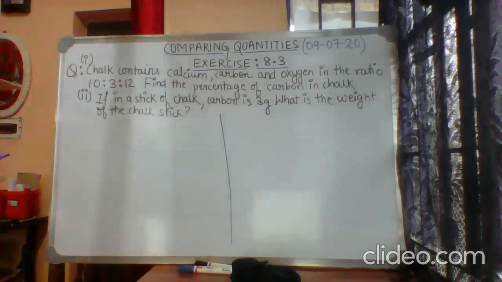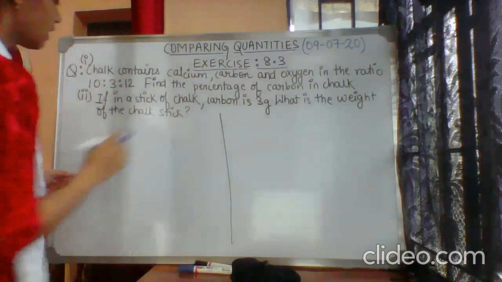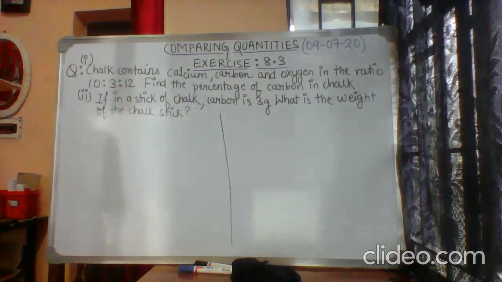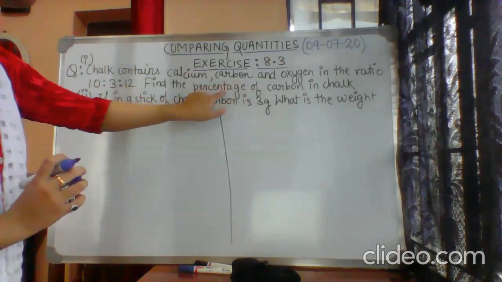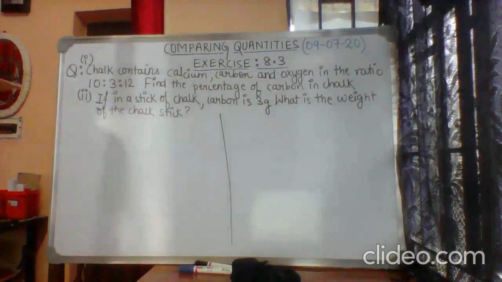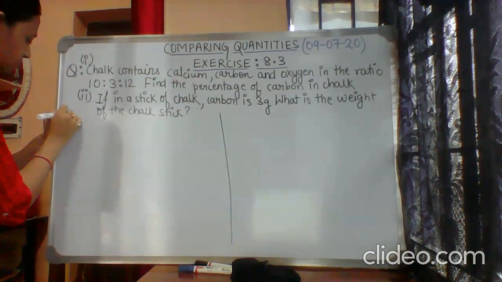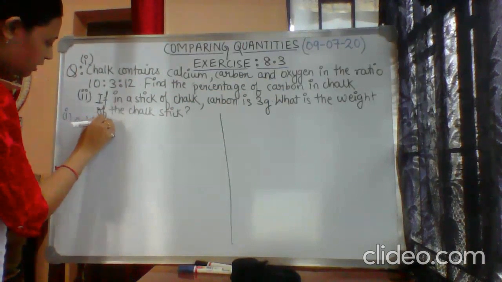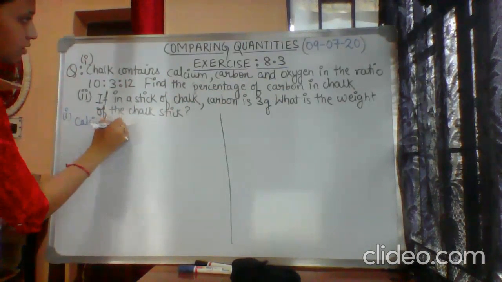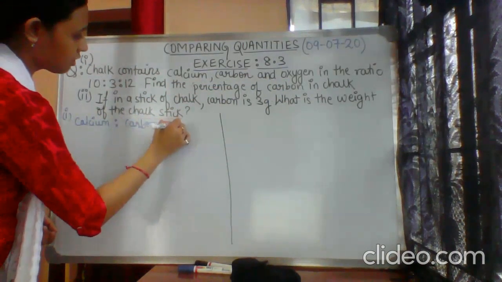It means a chalk is made up of 3 things: calcium, carbon and oxygen, and their ratio is also given, 10:3:12. Now we have to get only the percentage of carbon. So first of all, write down calcium is to carbon is to oxygen.